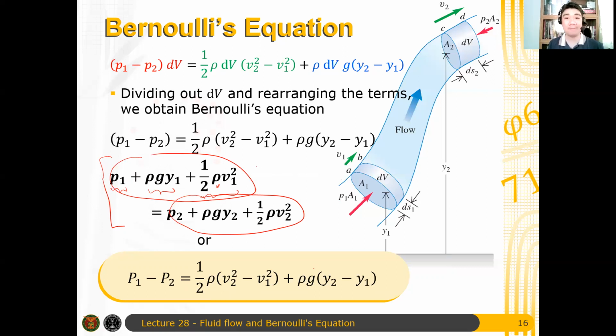Okay? Nakuha? Questions? Again, the Bernoulli's equation is an energy equation per volume. Nakuha? Yun lang isipin nyo. Energy equation per volume. Conservation of mechanical energy lang to. Pero per volume siya. Okay?